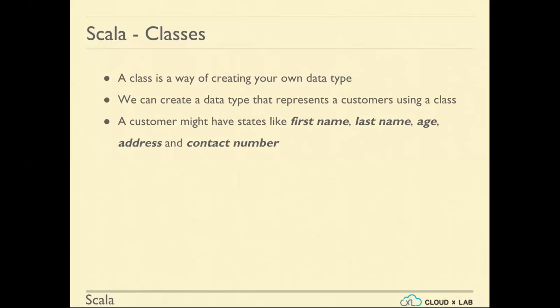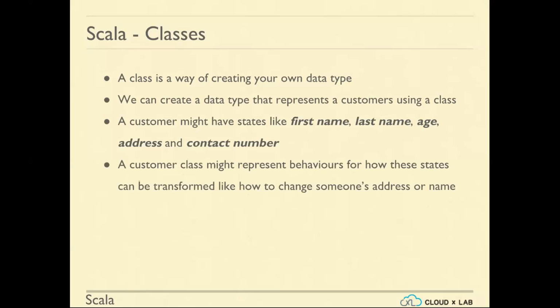So a customer might have first name, last name, age, address, contact number as its states. The Customer class might represent behaviors for how these states can be transformed, like how to change someone's address or name. Basically we can control that by defining custom functions.